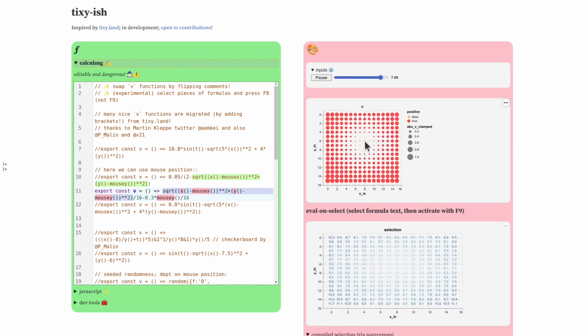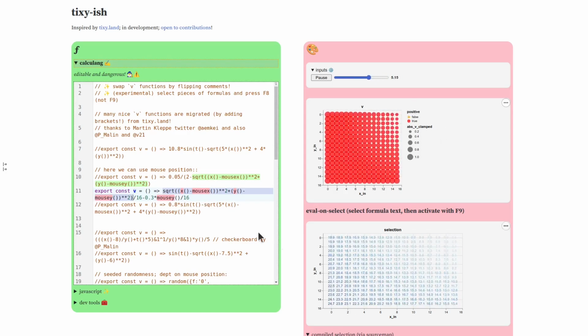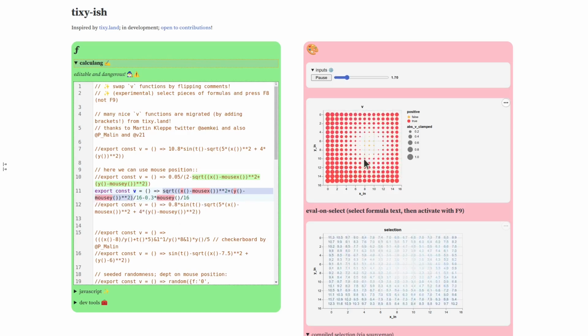But as I move the mouse, it's different, because it's x minus mouse x squared plus y minus mouse y squared, square rooted. So we're looking at the value of the distance here as opposed to the final result. We can look at whatever it is we want. What is mouse x? F9. It's changing as I move the mouse.